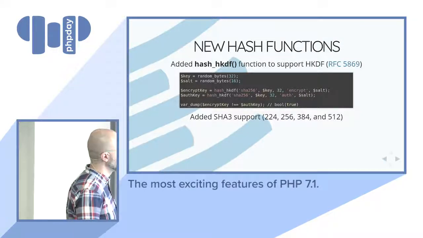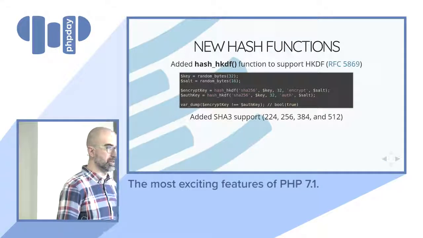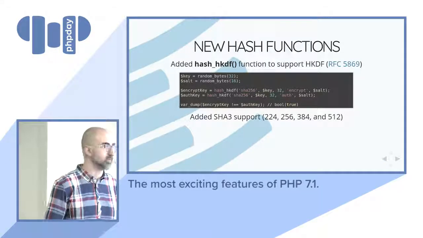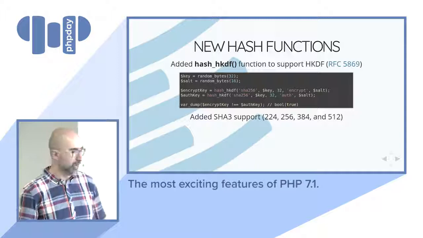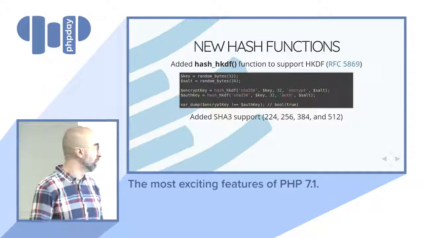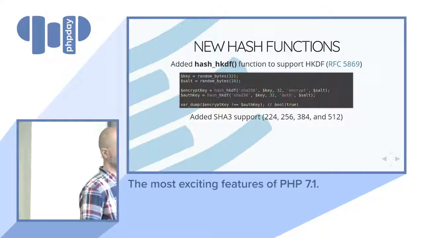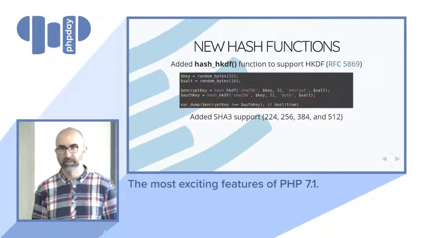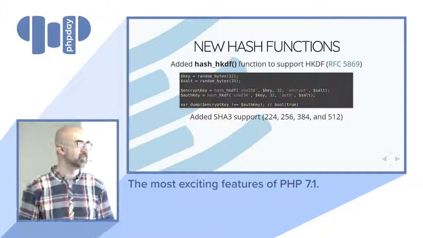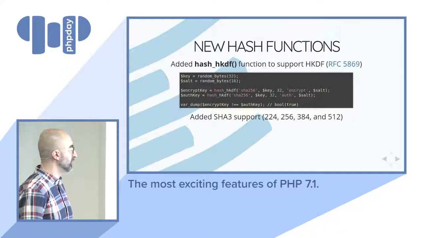Also, they added support for SHA-3. This is a new standard for hashing, so it's becoming very popular. It's a standard, so if you use it, no one can fire you because you used it. Standard means good, and actually it's fast.